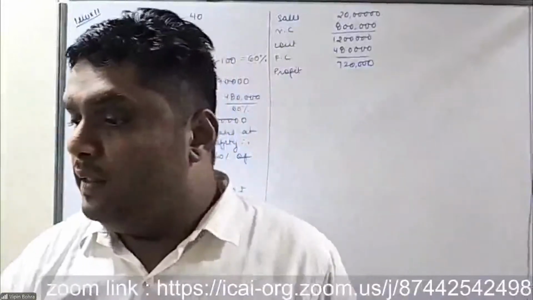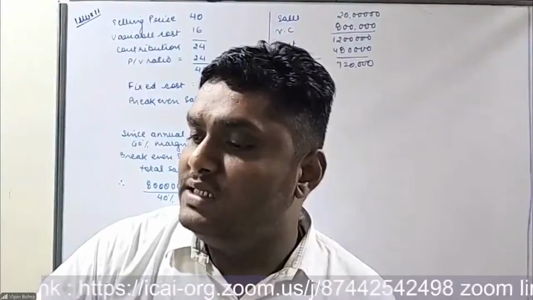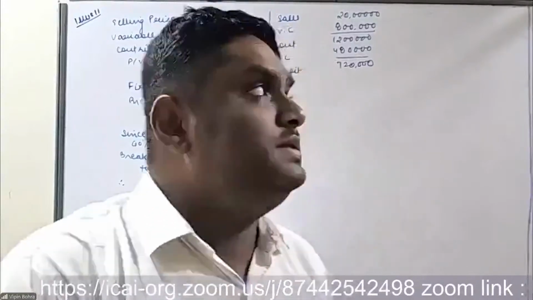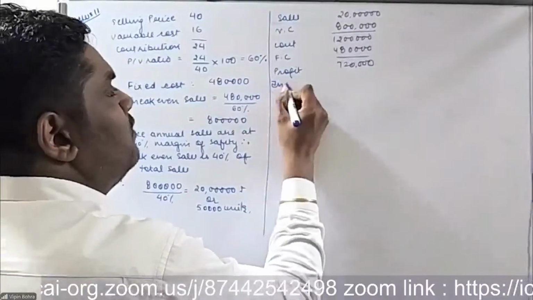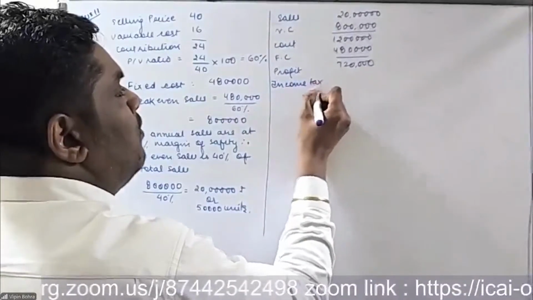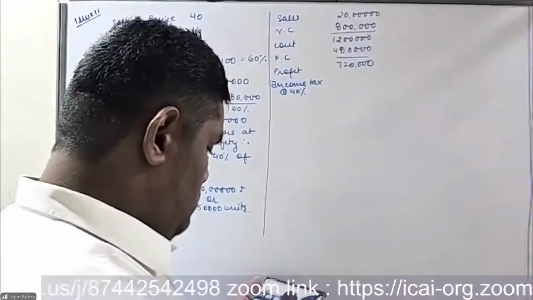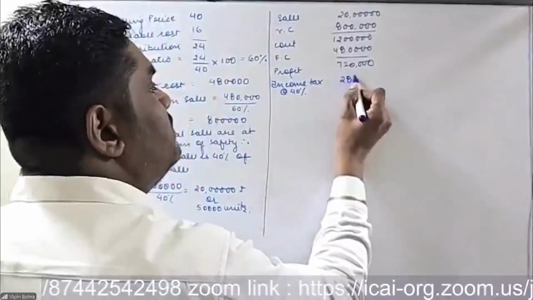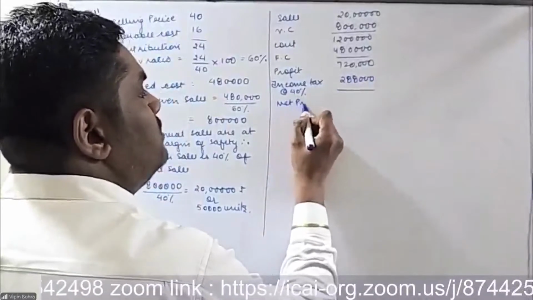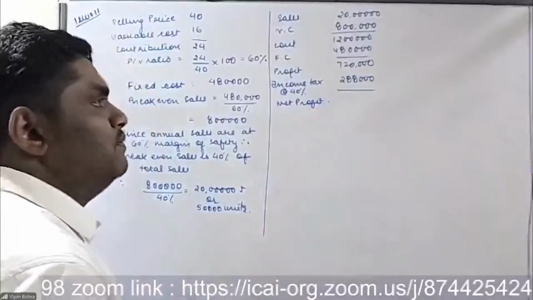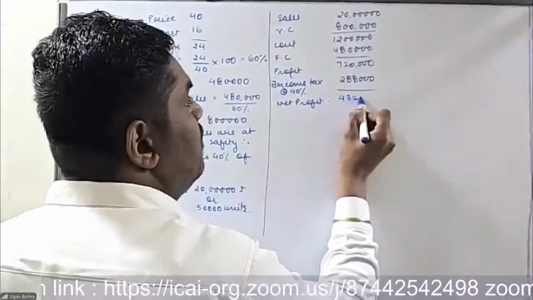It is given that income tax is 40%, so of this profit, 40% is my income tax. That is 2,88,000. So my net profit will be 4,32,000.